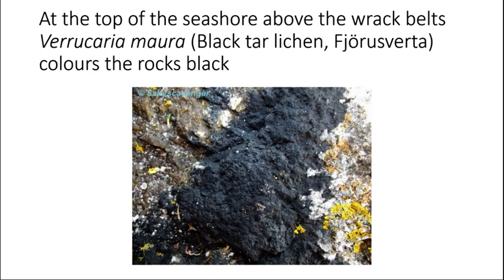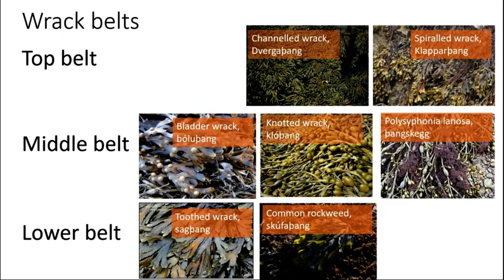Now, if we look more closely into the species of wrack that we can see on the shore, which we should notice when we go up to the seashore, notice how different kinds of wracks are found in different zones. The top belt is dominated by the channeled and the spiral wrack. The middle belt is dominated by a wrack that usually has bladders, like bladder wrack and the knotted wrack.